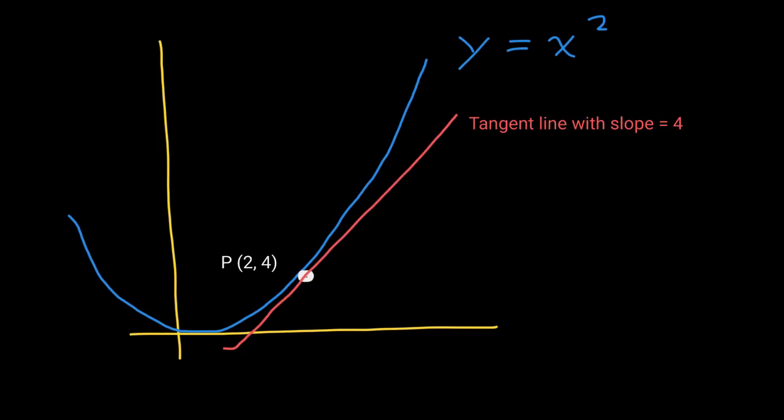And what we did is we let h go to 0, and we found that the slope of the tangent line at 2, 4 is 4. We also found that the equation for this tangent line is 4x minus 4. Okay, so that's really important that you and I are using the slopes of secant lines to find the slope of the tangent line.